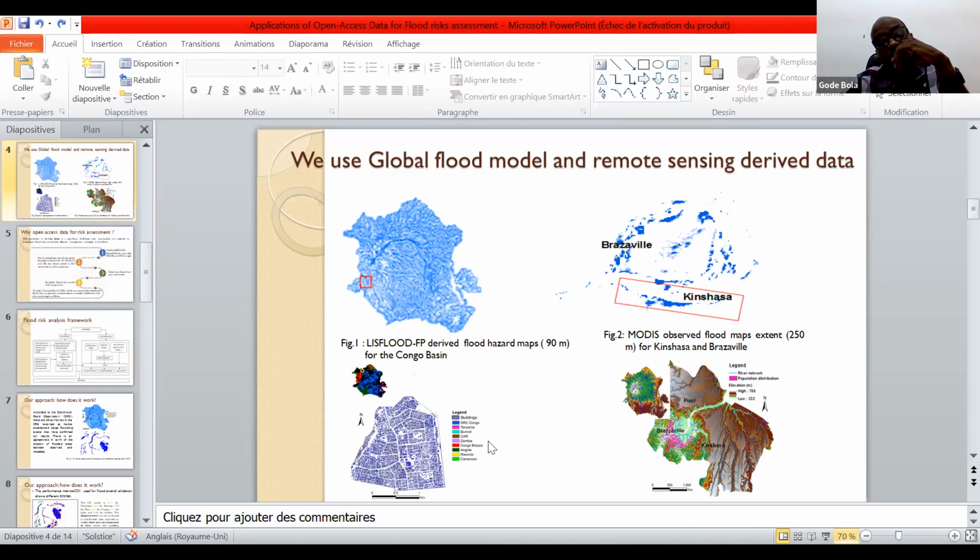For the Congo Basin, and most African countries, the infrastructure data are not of good quality. What we did is just to show that the open source data can do something, but the quality of infrastructure data is not good, and we need to have more good quality infrastructure data to come up with the flood risk within the Congo Basin.